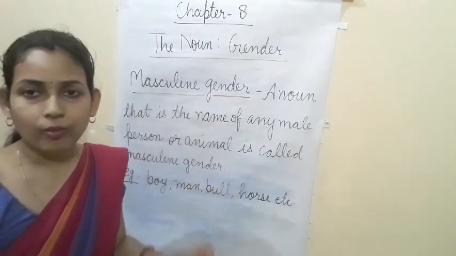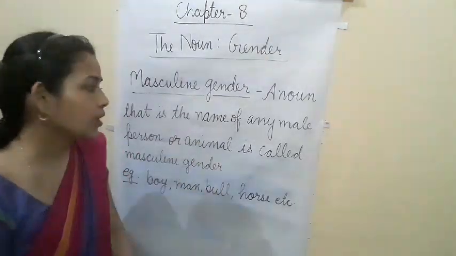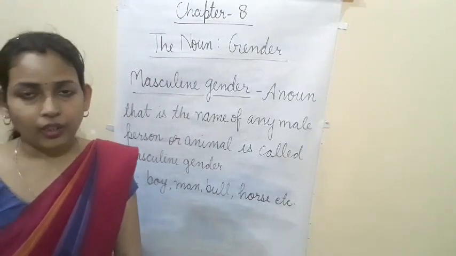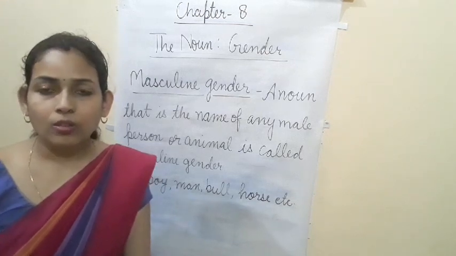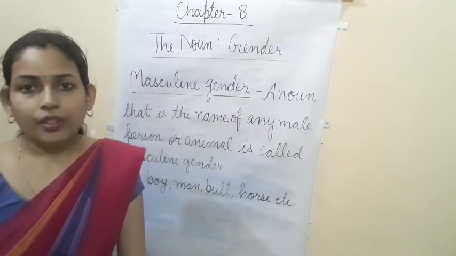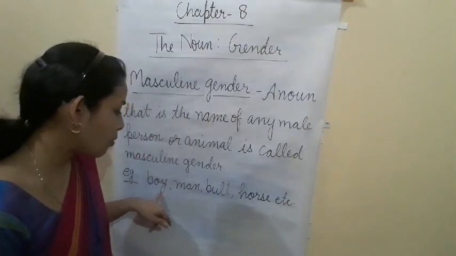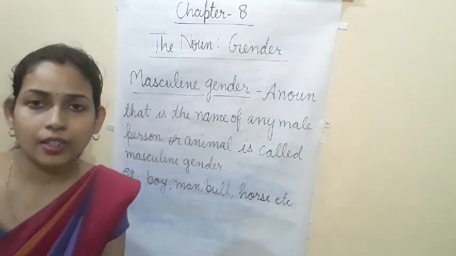As you can see, I have already written the example here. What is masculine gender? A noun that is the name of any male person or animal. Any male person or any male animal, when we talk about, that is called the masculine gender. Examples, as you can see: boy, man, bull, horse, etc. Many examples are there.